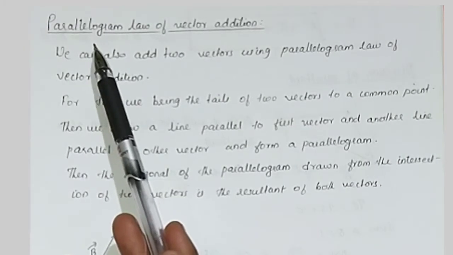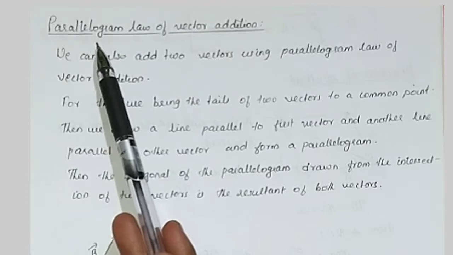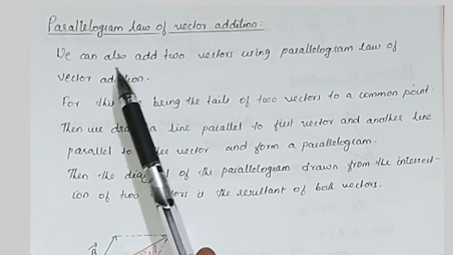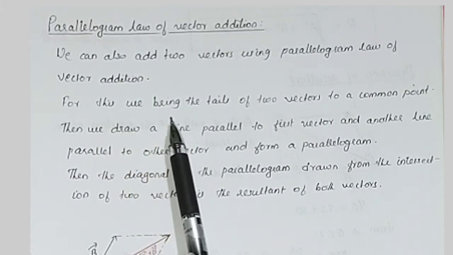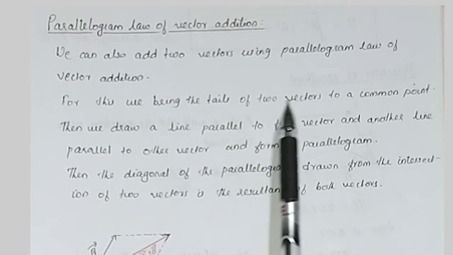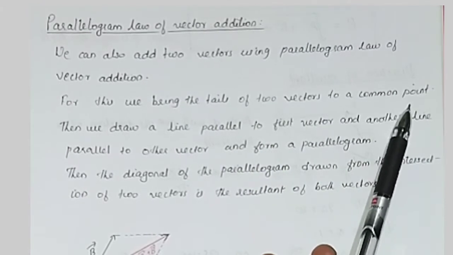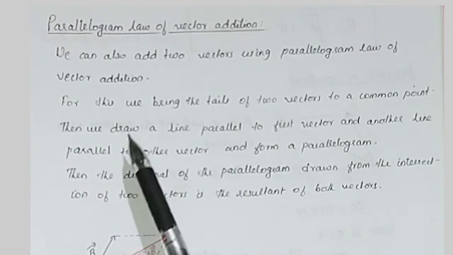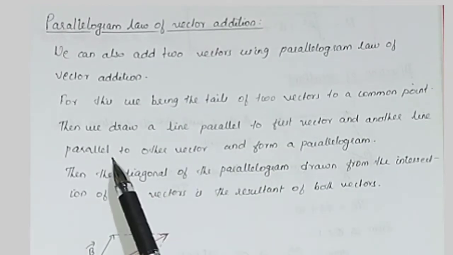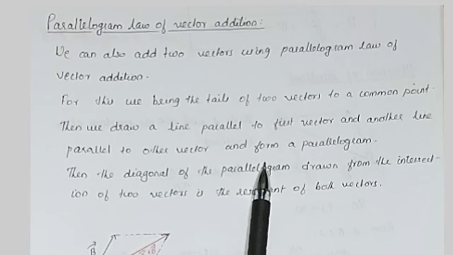Another very important law of vector addition is the parallelogram law of vector addition. Here what we do is we take the two vectors, bring their tails to a common point, then draw parallel lines of both the vectors and form a parallelogram altogether.